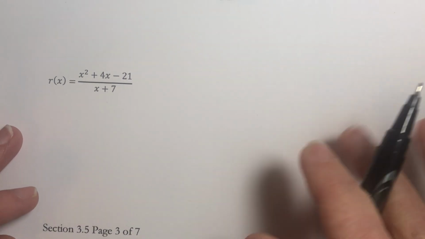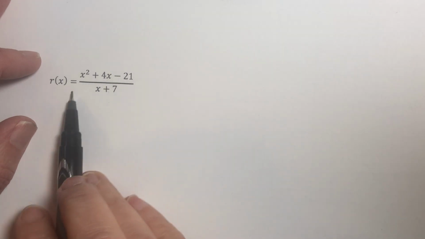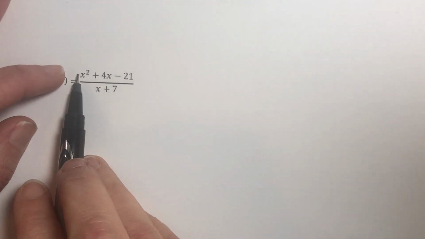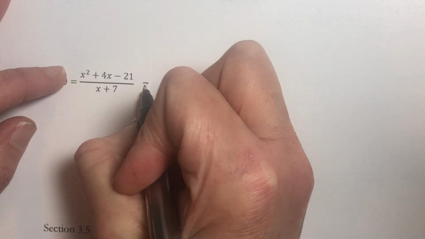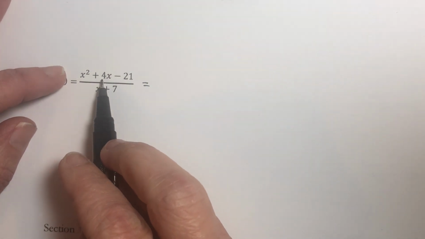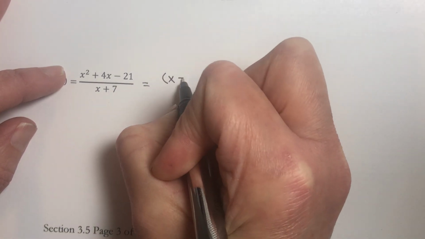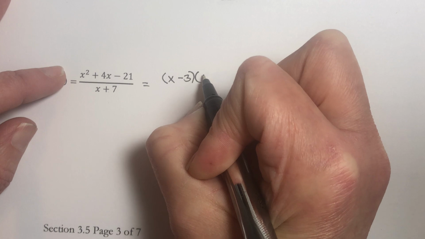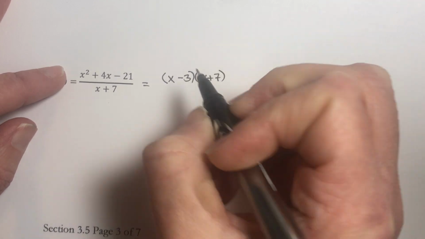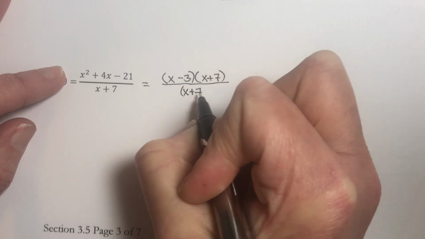So what I want to do is I want to reduce this if I can, so I need to try to factor in the numerator. Two numbers that multiply to -21 and add to 4 would be 7 and -3. So I have x minus 3, x plus 7, over x plus 7, which did not factor.